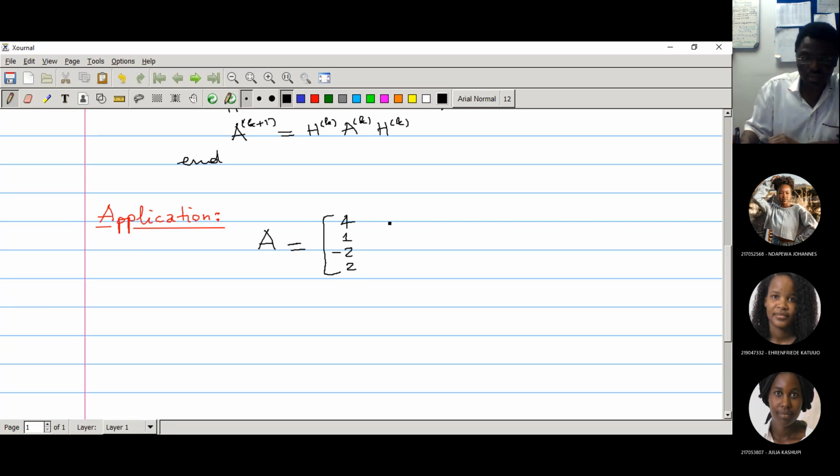And the next is 1, 2, 0, 1. Now, because it has to be symmetric, this should be negative 2, as I explained. This is 0. This is 3.